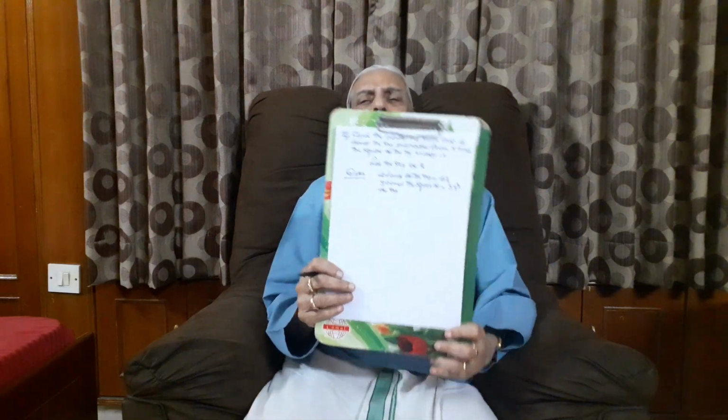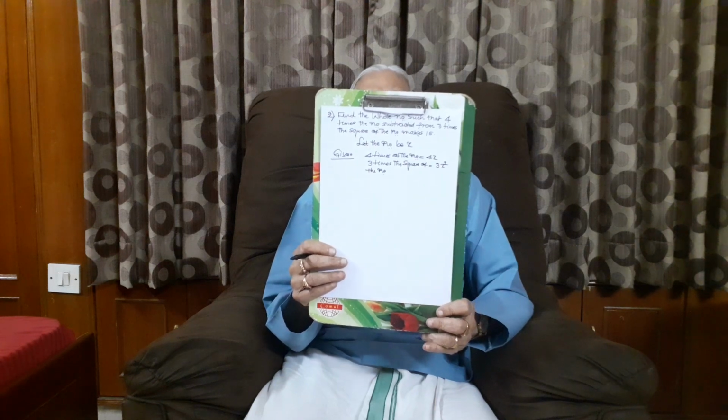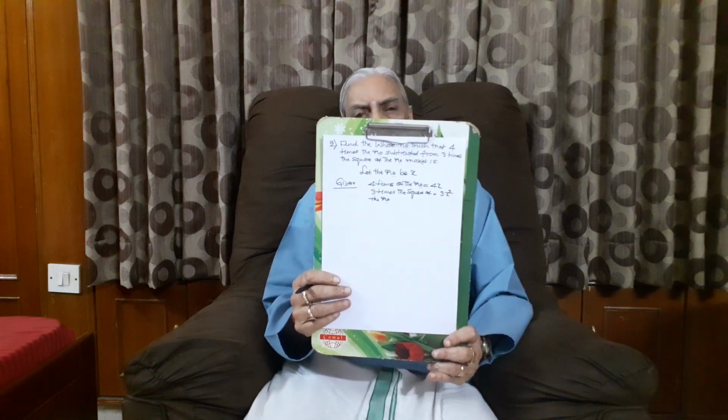Subtracted from 3 times the square of the number. 3 times the square of the number, how much does it become? 3x squared. Correct? See, 4 times the number means 4x. 3 times the square of the number means 3x square.